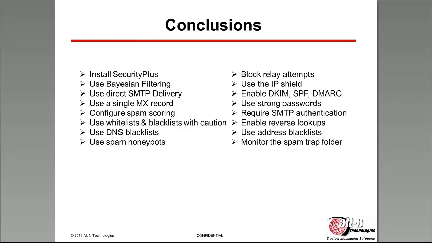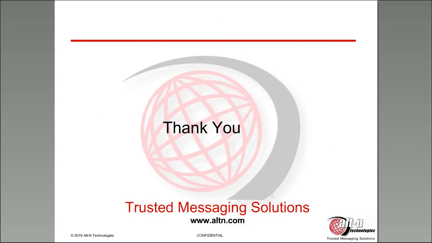Definitely make sure that you have relaying blocked to avoid being put on a blacklist. The IP shield can help you with that as well, and enabling the DKIM, DMARC, and requiring strong passwords and so forth. Also monitor your spam trap folder for any spam that may have gotten through, so you can flag it for spam or release it for delivery. So those are the recommended settings for performance and security.